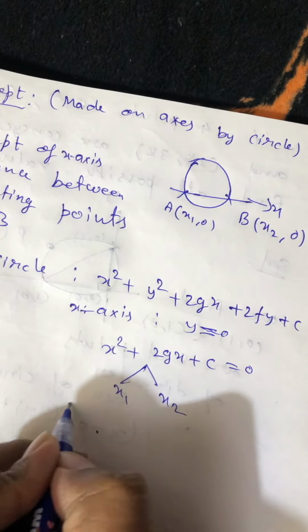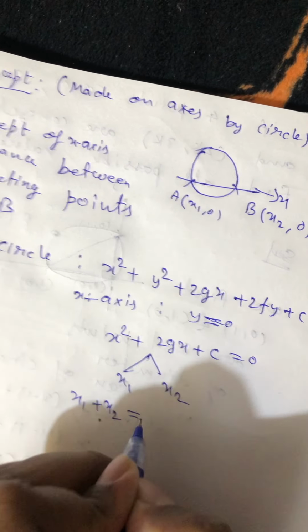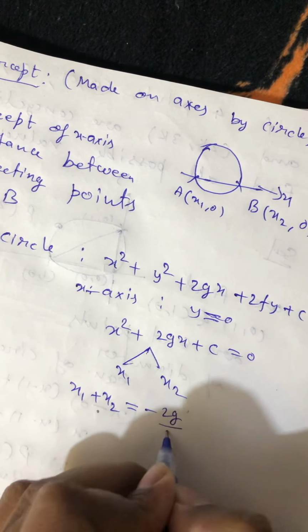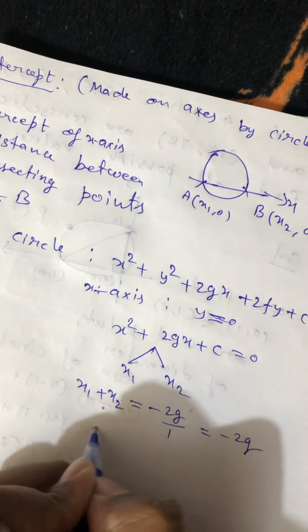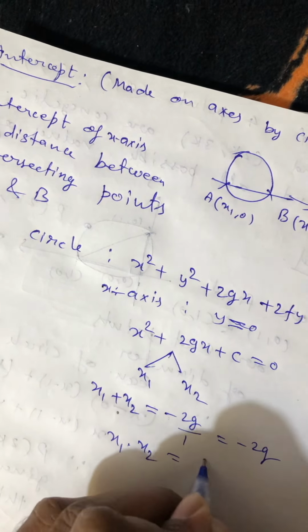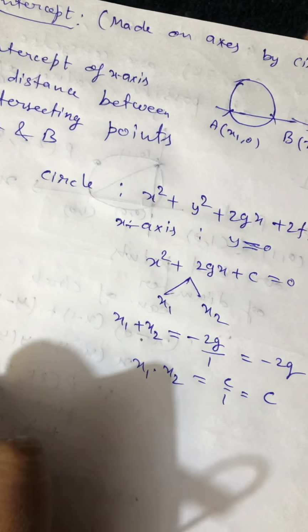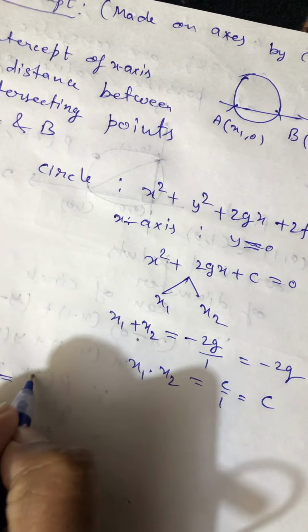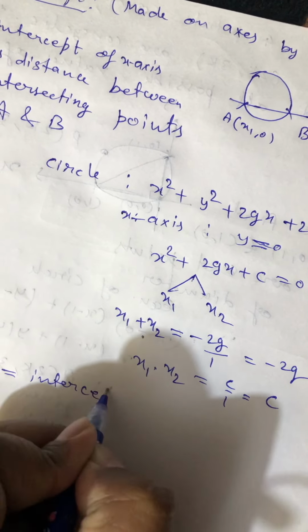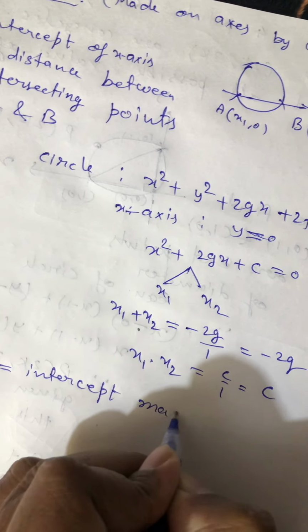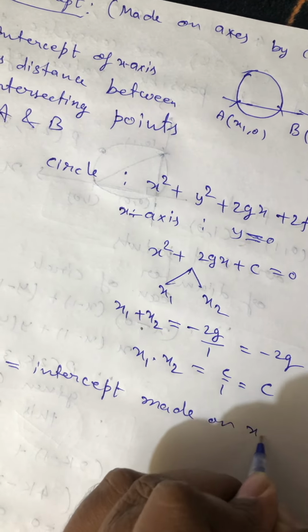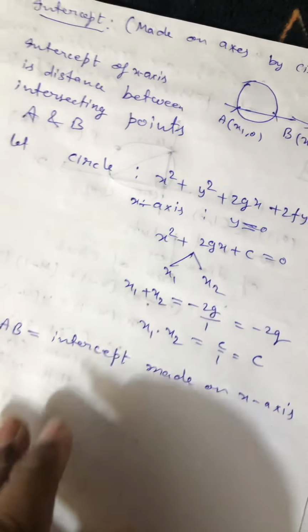So we know that the sum of roots is x1 plus x2 equal to minus 2g by 1, that is minus 2g, and the product of roots is c by 1, that is c. AB is the intercept made on the x-axis, and this is what we have to find.